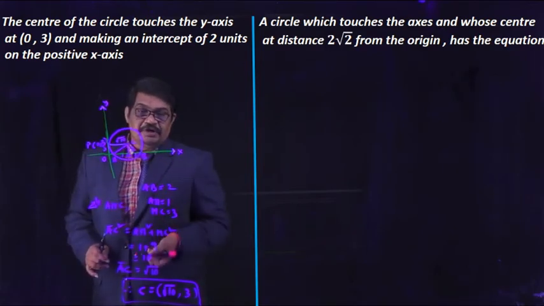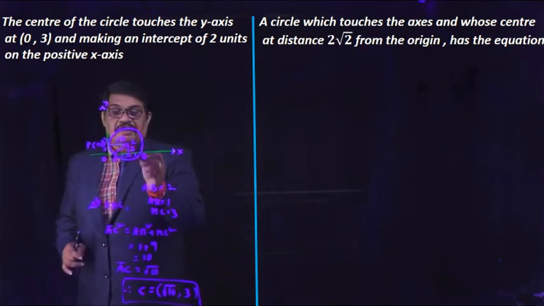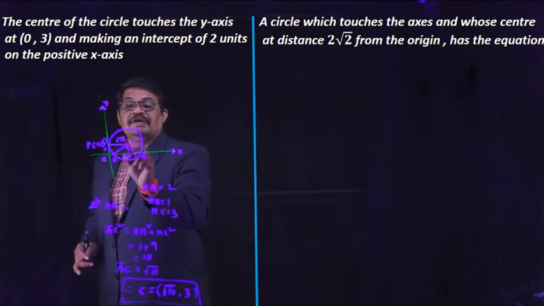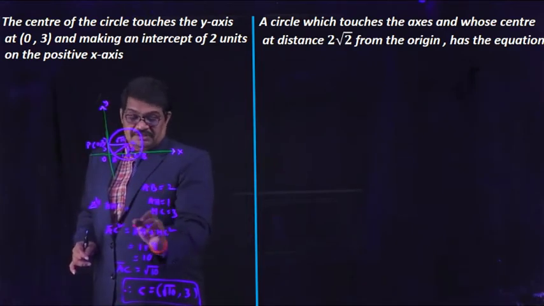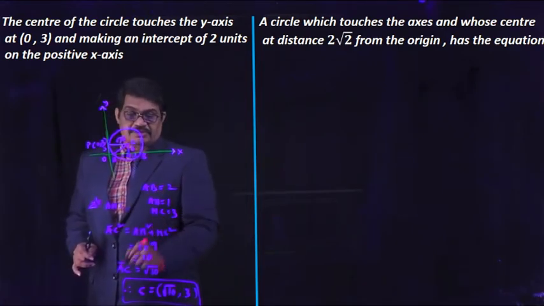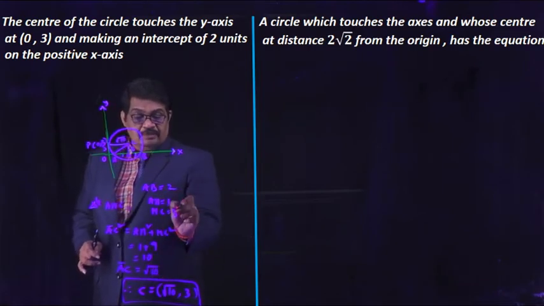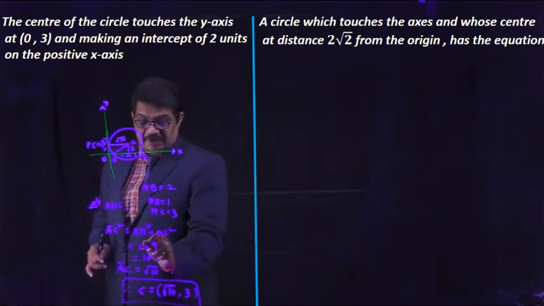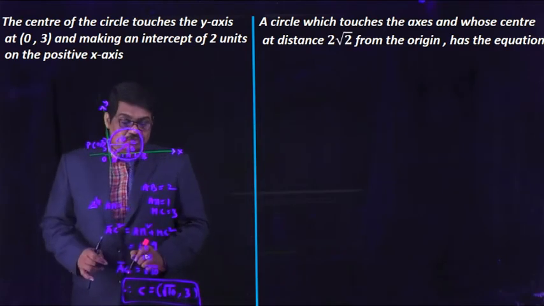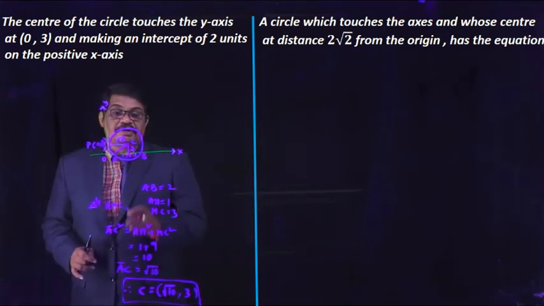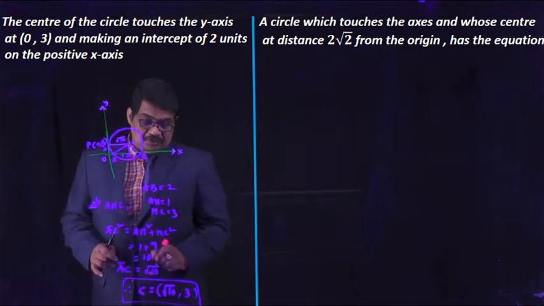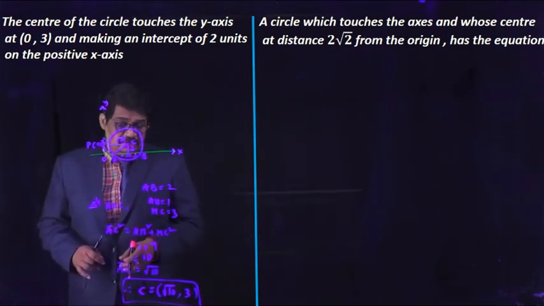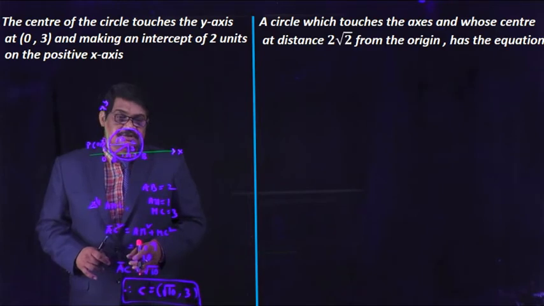That is the y coordinate of the center. Now from this triangle AMC, AC² = AM² + MC². Here AM is 1 and MC is 3 units, so AC is root 10. That is the x coordinate of the center, and the y coordinate is 3 units. Therefore, the required circle's center is (root 10, 3).